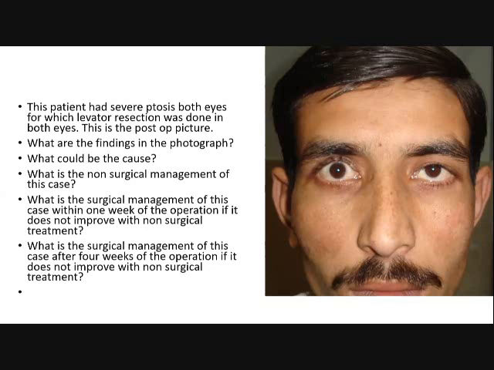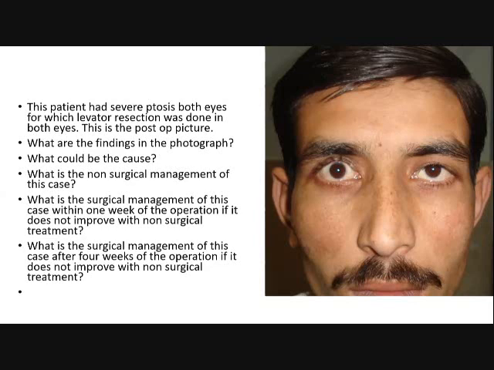In ptosis, after the amount of ptosis, which is the second most important thing? Levator function. Excellent. The person who has said levator function deserves distinction. Actually, this is the most important.